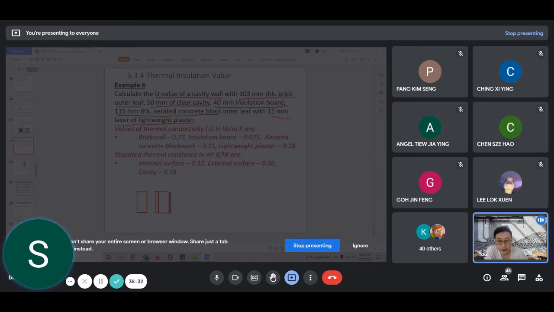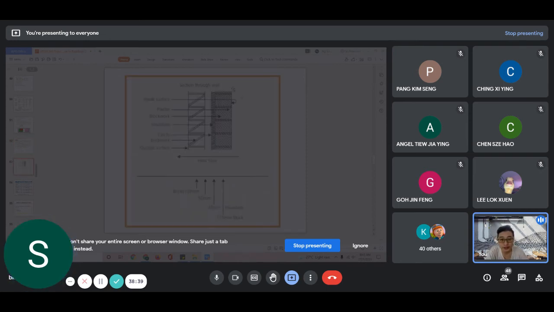For all of them, you'll be given the thermal conductivity. So based on that, you'll end up with something like this. This is a cross section or elevation view of the wall. This is what is required for your assignment.